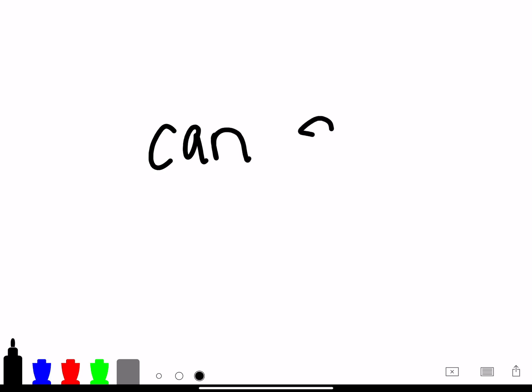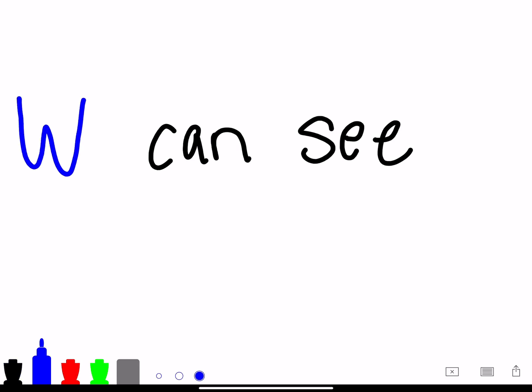Can see. So we have can see, and this isn't really a sentence because can see what? Who's doing the seeing? We can say, with a capitalized W, we can see the jam.